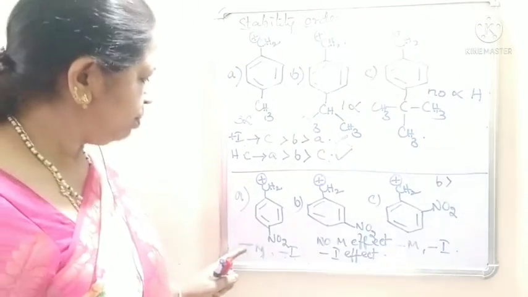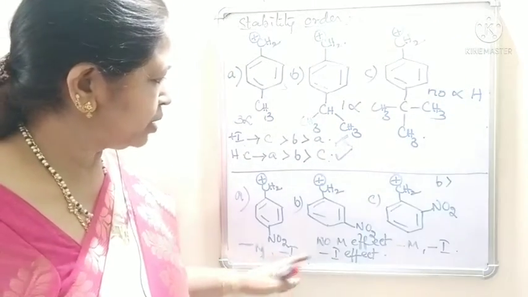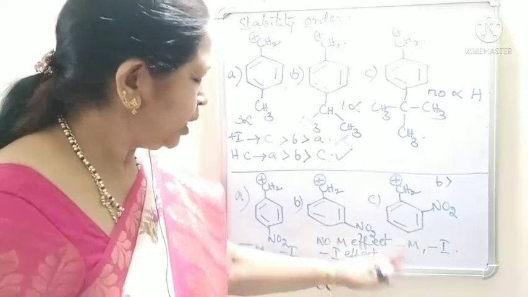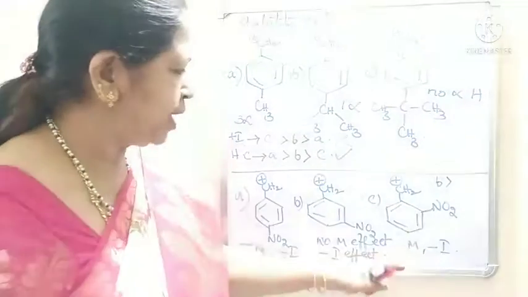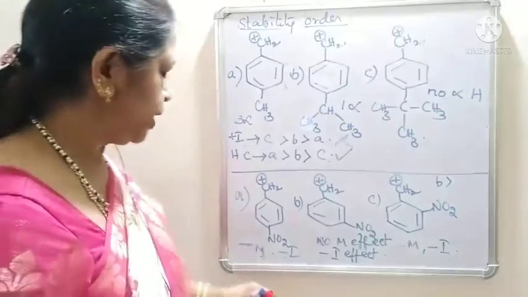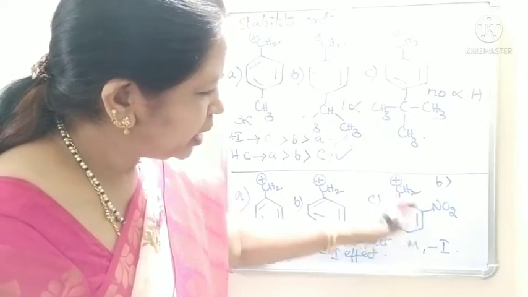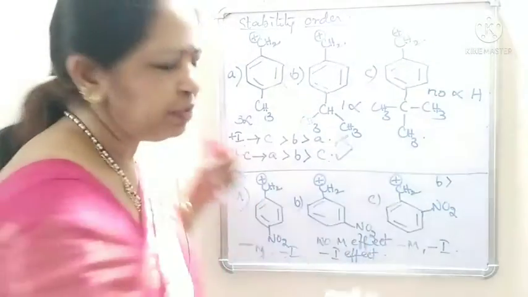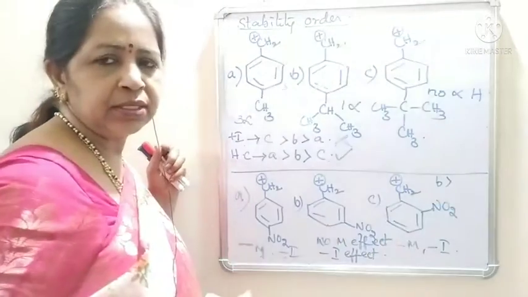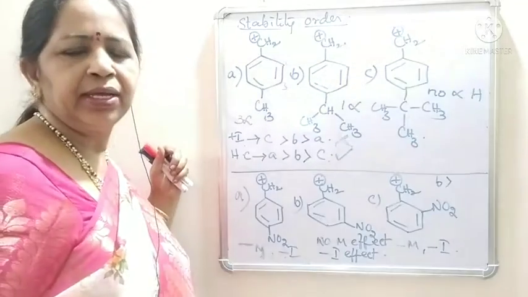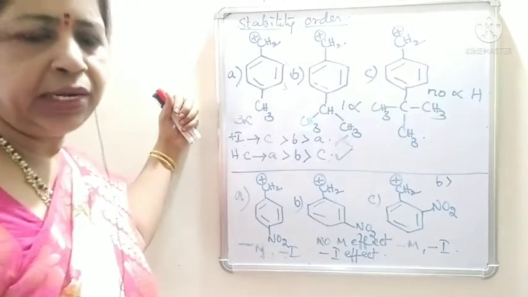Here in A and C, the same minus M effect and minus I effect are both operating, but the minus M effect is the same, while the minus I effect differs. In one case the nitro group is very near, and in the other it is very far. The distance decides the effect caused by the nitro group.